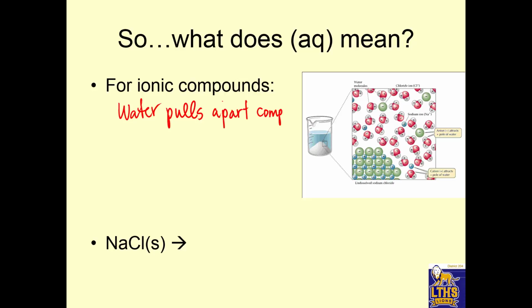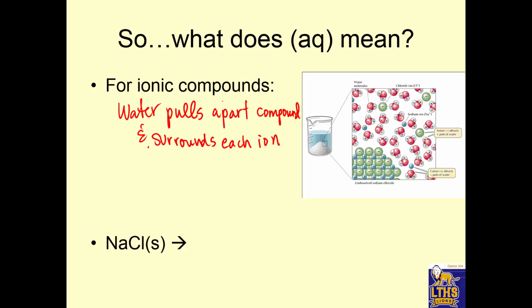the compound and surrounds each atom. Okay, so if these are negative ions, look, water surrounding them. If these are positive ions, water surrounding them. Okay. So the anion gets surrounded by positively charged side of water. The cation gets surrounded by the negatively charged side of water.